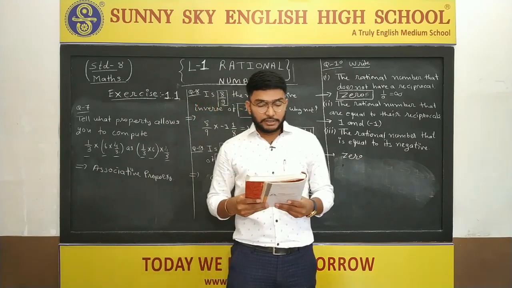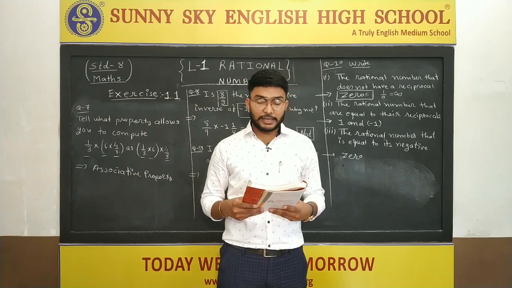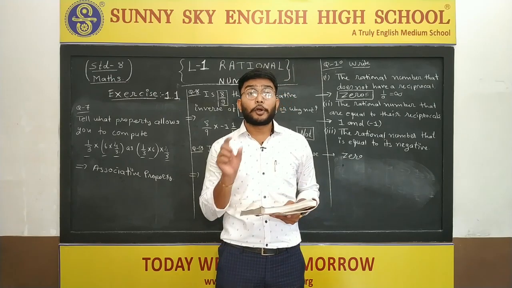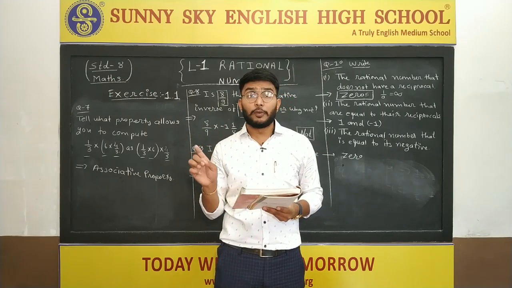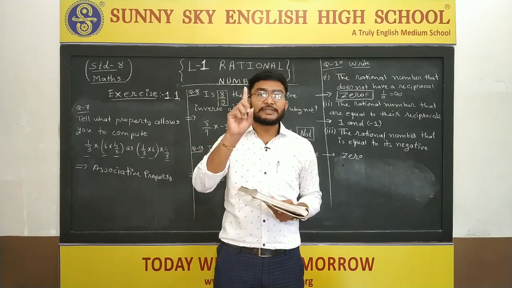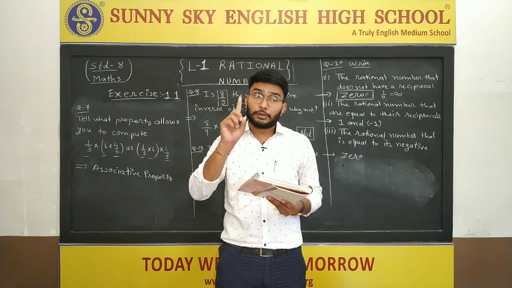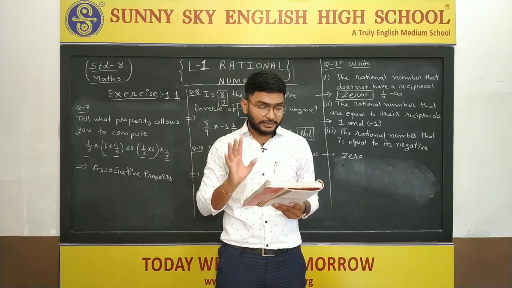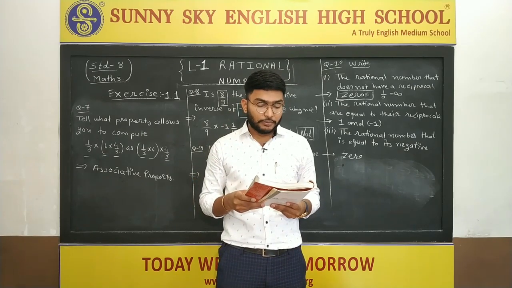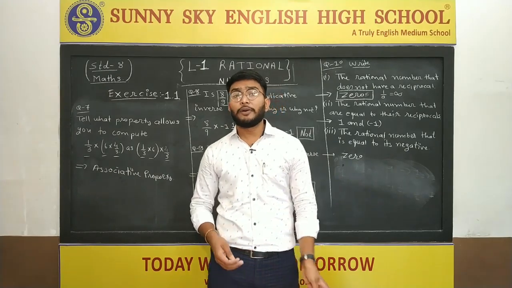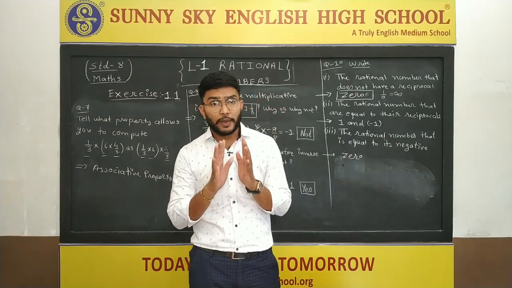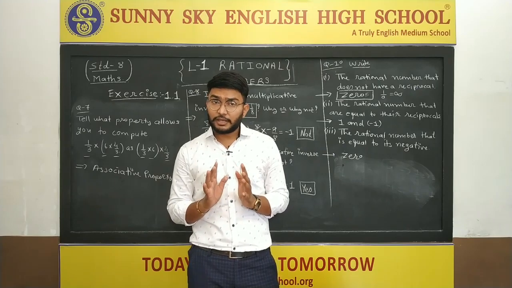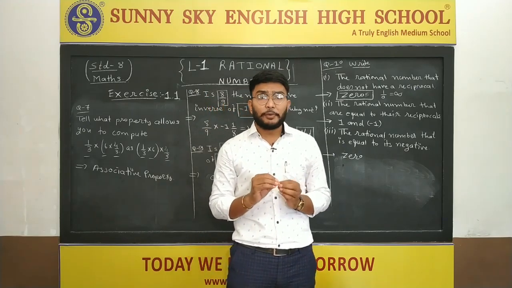Then fifth, the product of two rational numbers is always rational number, because of our first property, closure property. Now sixth, the reciprocal of a positive rational number is always positive. Okay, here our exercise number 1.1 is completed.